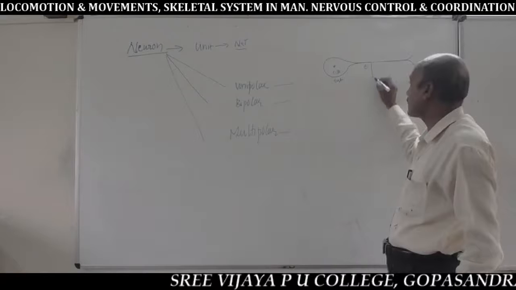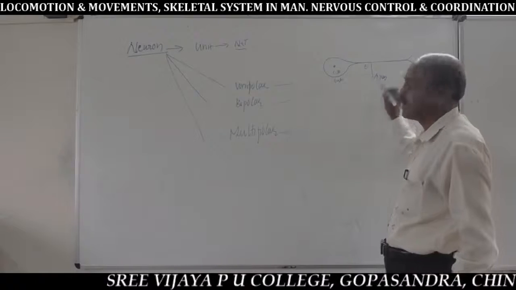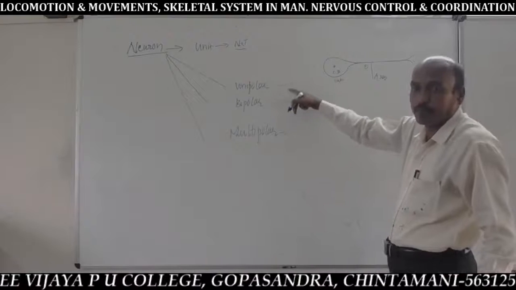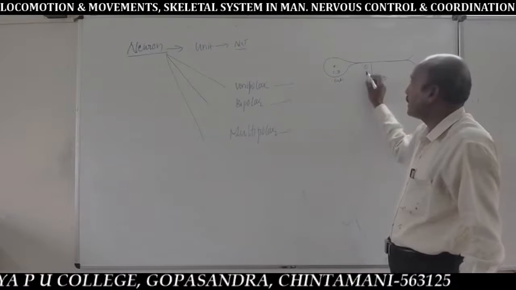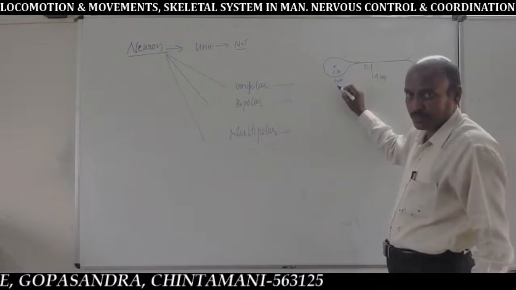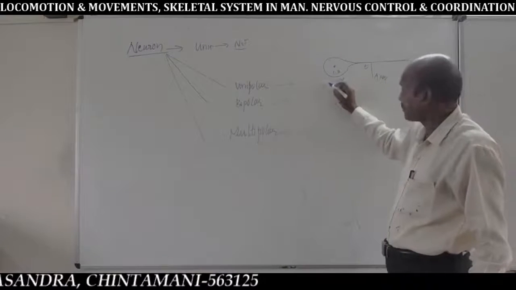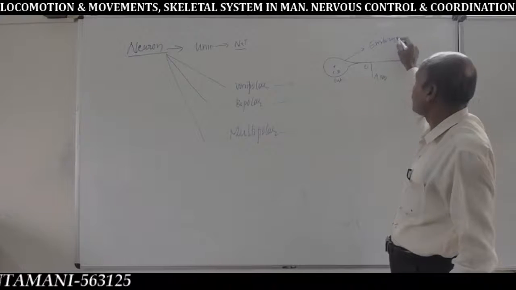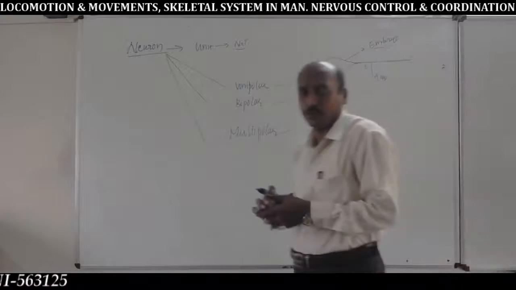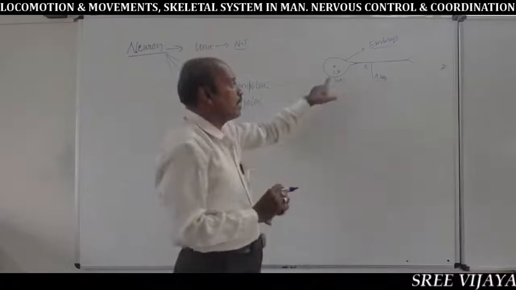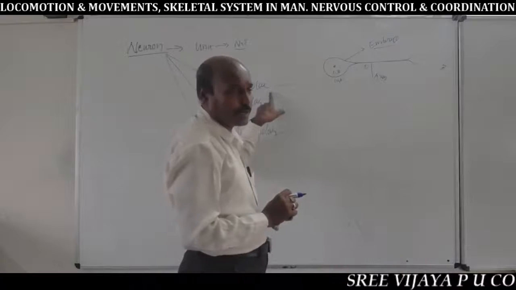It can act as an axon, no dendron. Uni means single, polar means projection. So a single projection arising from the cyton is called a unipolar neuron. It is found in the embryo. Only the embryo is the location and example for occurrence of the unipolar neuron.